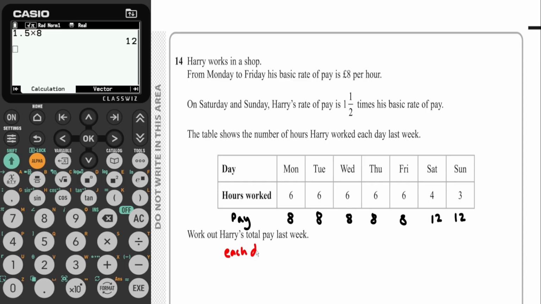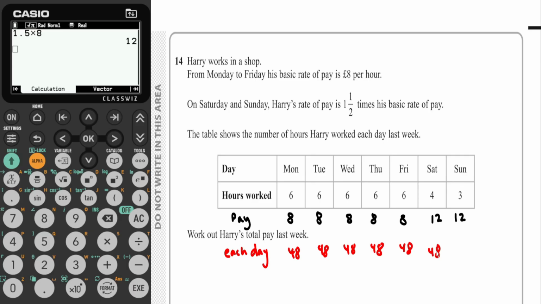So each day, 6 times by 8 is 48. So we've got 48 on Monday to Friday. And then on Saturday, we've got 4 times by 12, which is also 48.